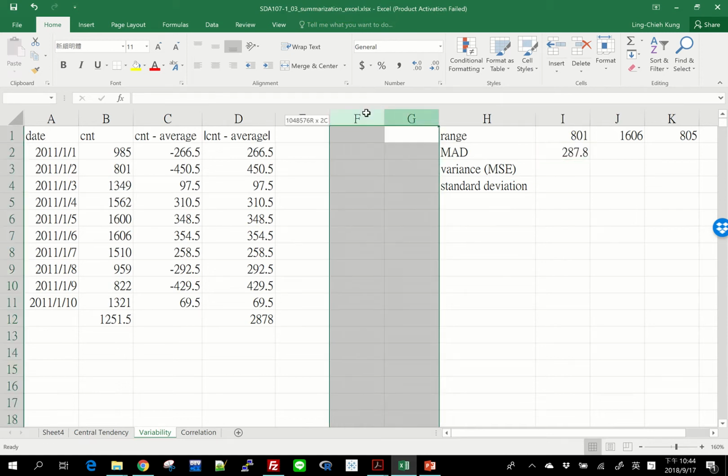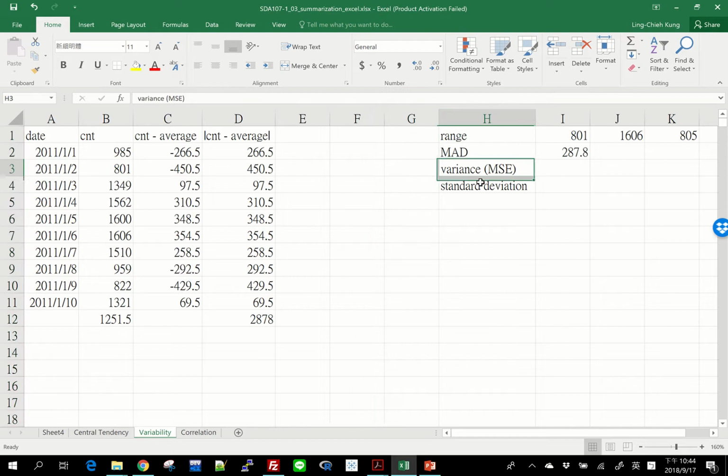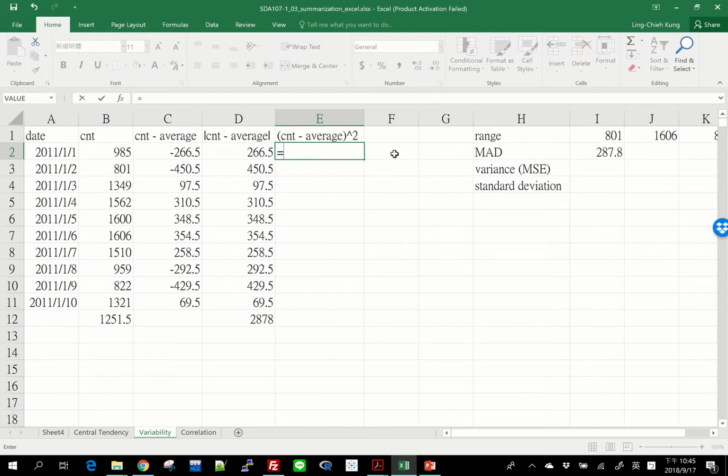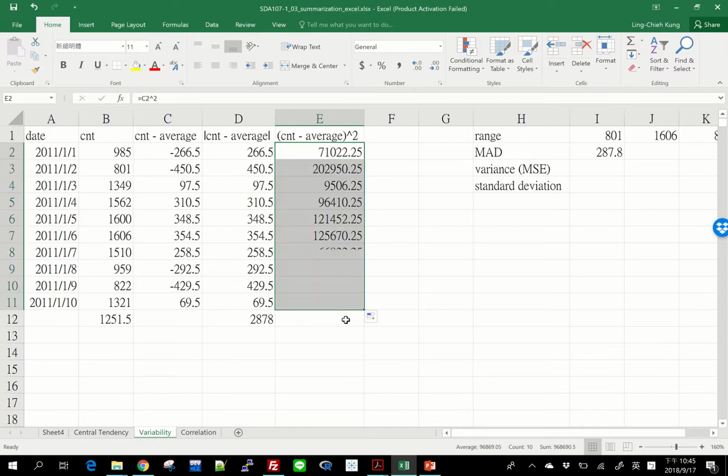Okay, that sounds good. And then how about variance or MSE? So let's try to first calculate MSE by ourselves. If that's the case, what we need is to take the square instead of taking absolute values. So I'm going to take the deviation and then square it. Okay, I get all these values.